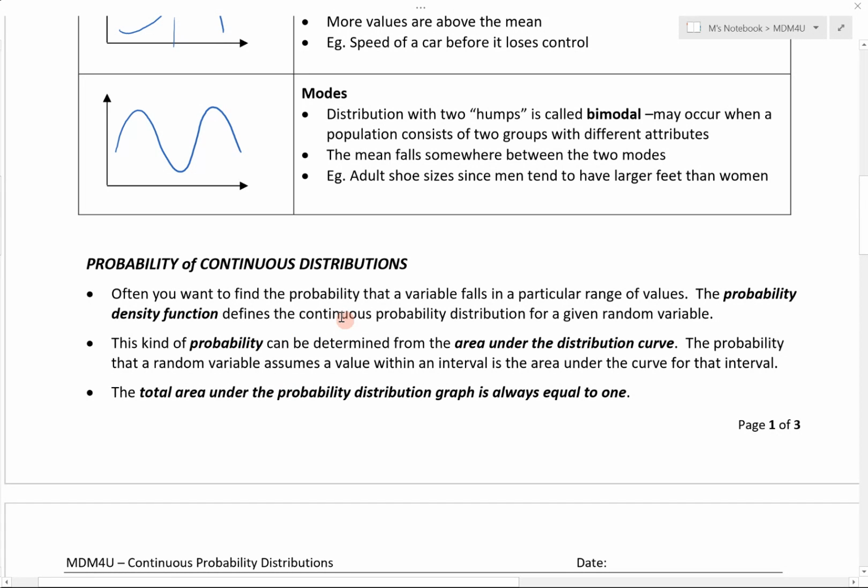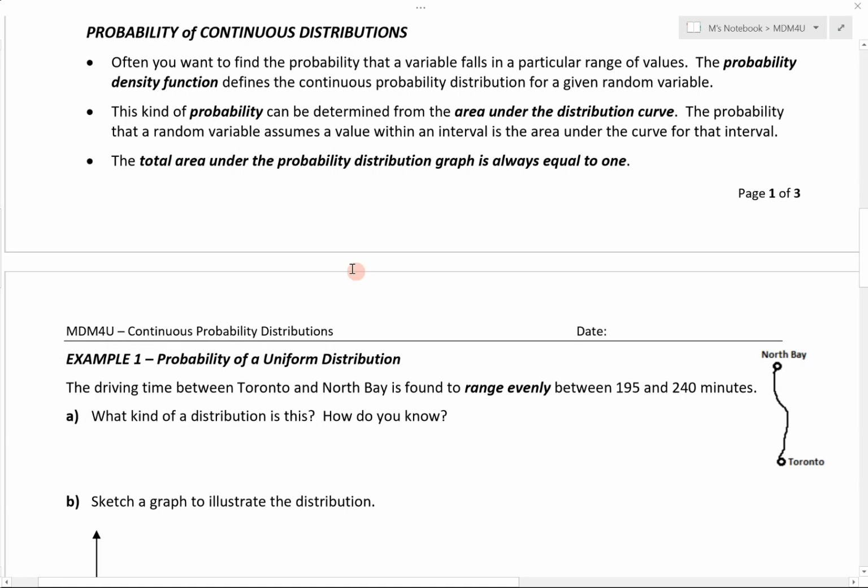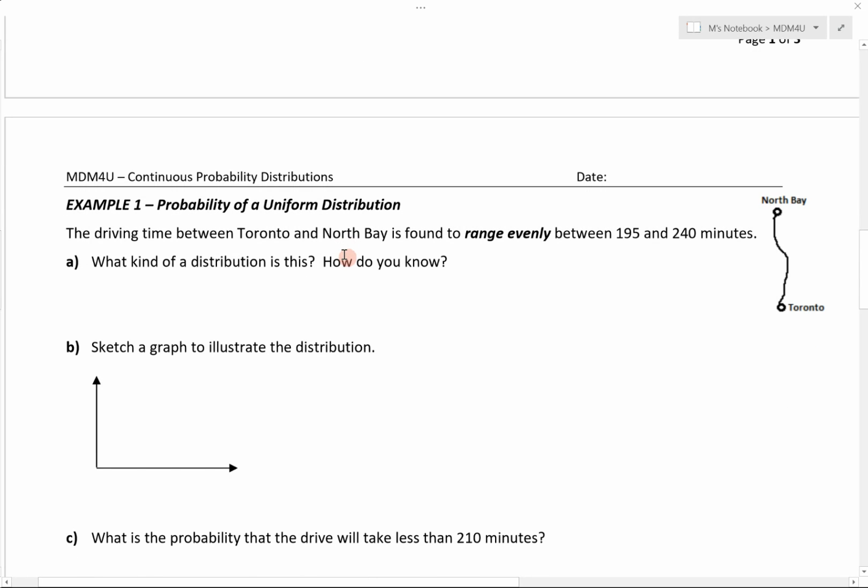When we did discrete probability, we looked at individual probability values and maybe added them up. When you're talking about continuous distributions, the probability that your event is within a certain range is now going to be the area under the curve. Let's look at some examples of what that might look like.